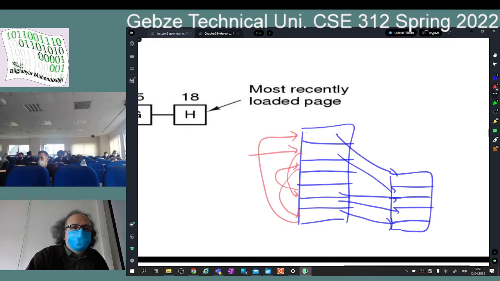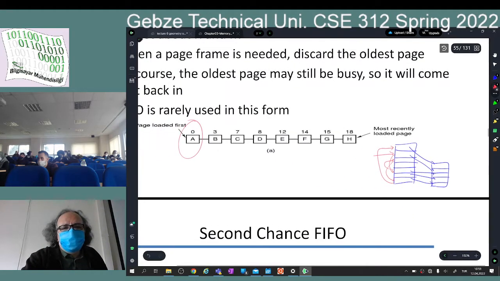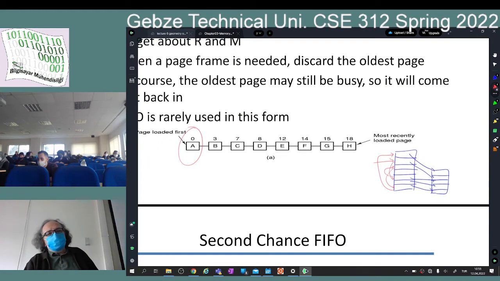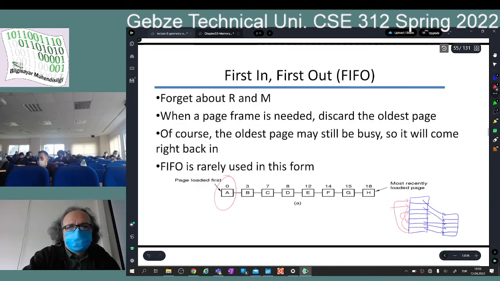I keep doing this, and whenever I need to replace a page, I choose the oldest one. I am adding new stuff to my page table, or I am keeping this information separate from the page table, but it refers to the page table.